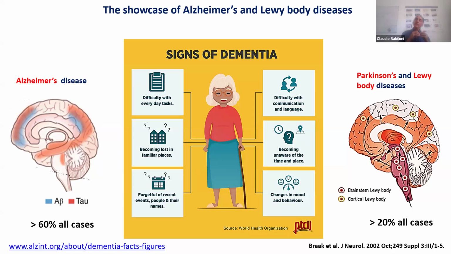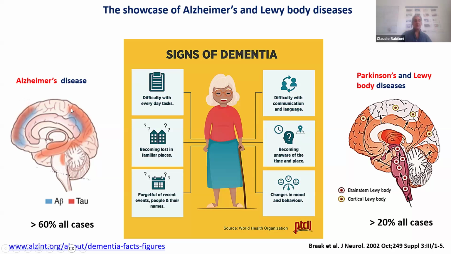And this neuropathology can be related to different proteins in different neurodegenerative diseases. Here we have two cases, the case of Alzheimer's disease and Parkinson's and the Lewy body diseases. In the left, Alzheimer's disease is represented as affected by two proteins, two pathological proteins, toxic proteins for the neurons.